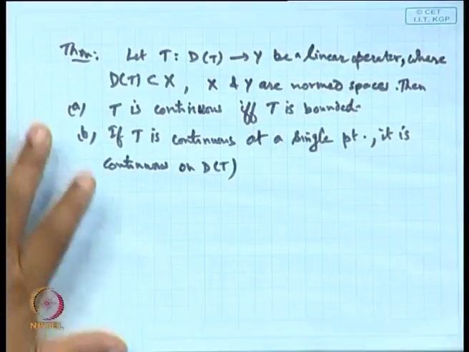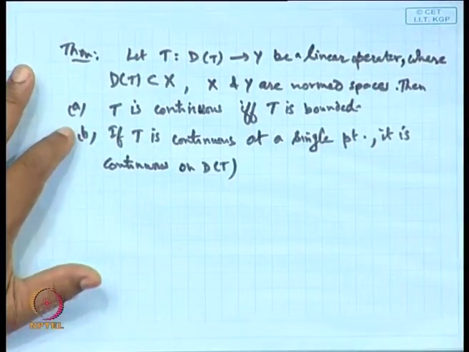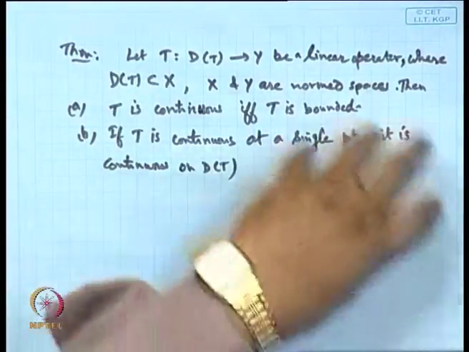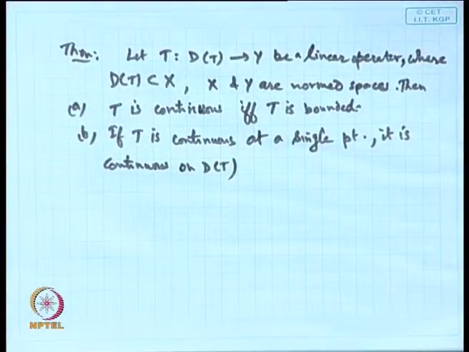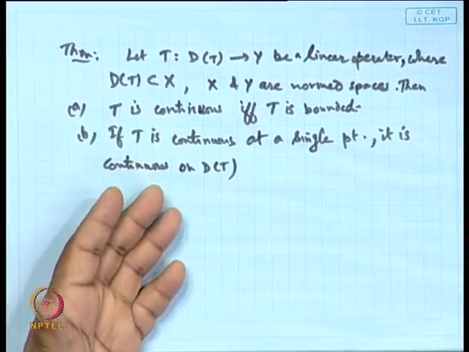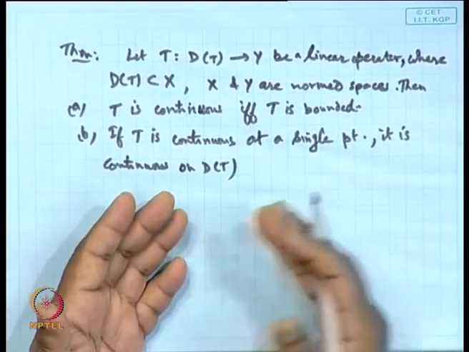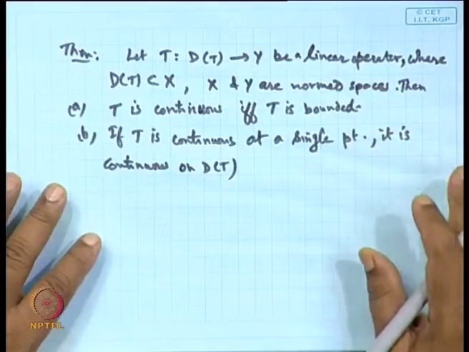So, in case of a linear operator, this is the second result: to test continuity over the entire domain, just simply find the continuity at a single point. Because T is linear, it will automatically spread the continuity over the entire domain D_T.